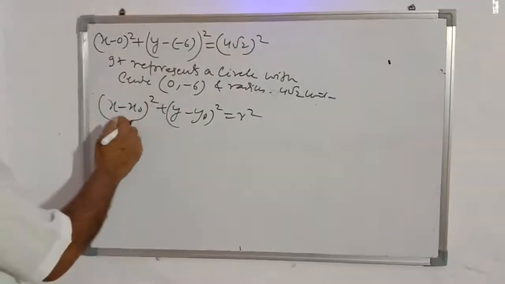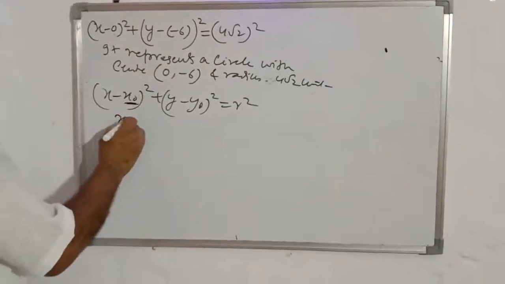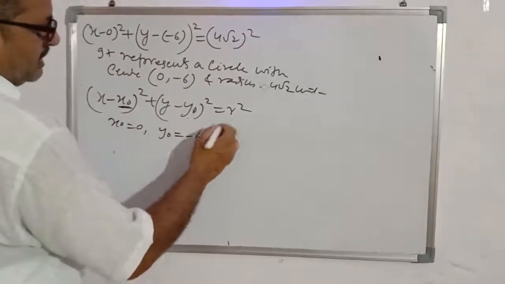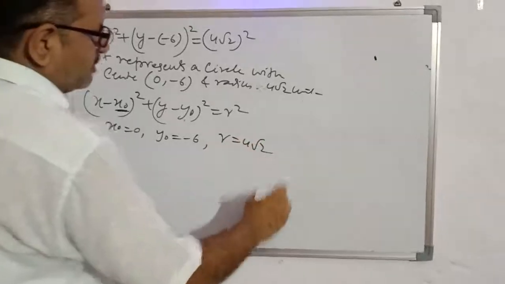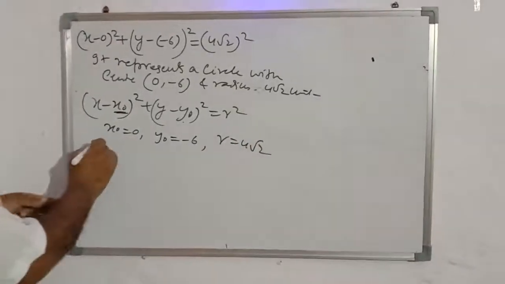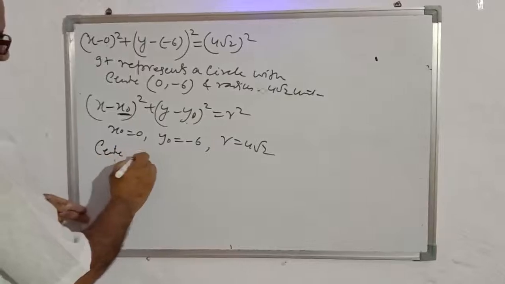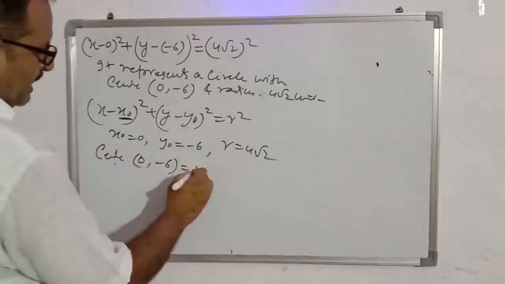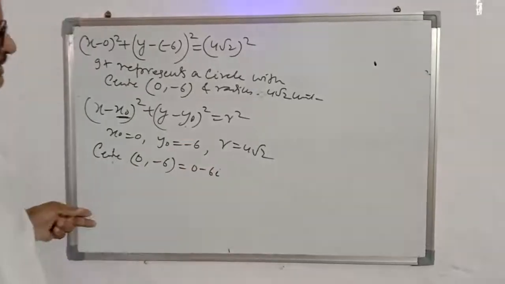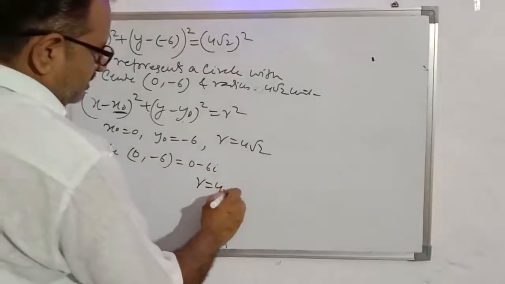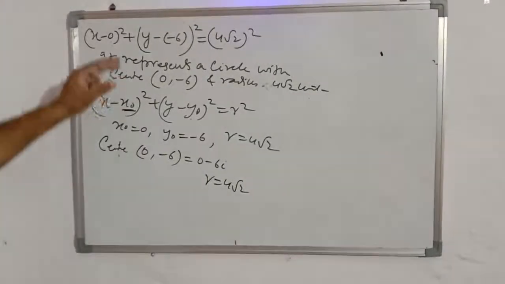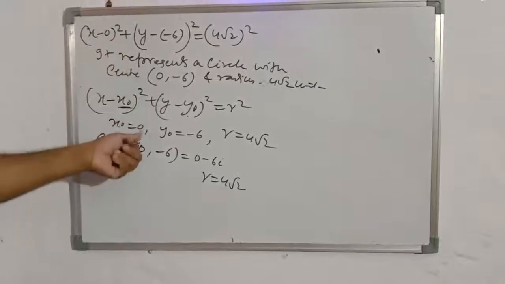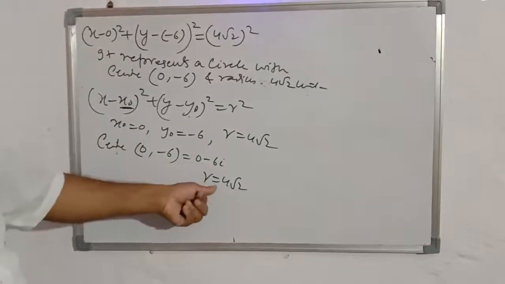What is the center? x0 is 0, y0 is −6, and r is 4√2. So the center is (0, −6). In complex form we can write 0 − 6i, and the radius is 4√2. So the expression is in the form of a circle, with this center and this radius.